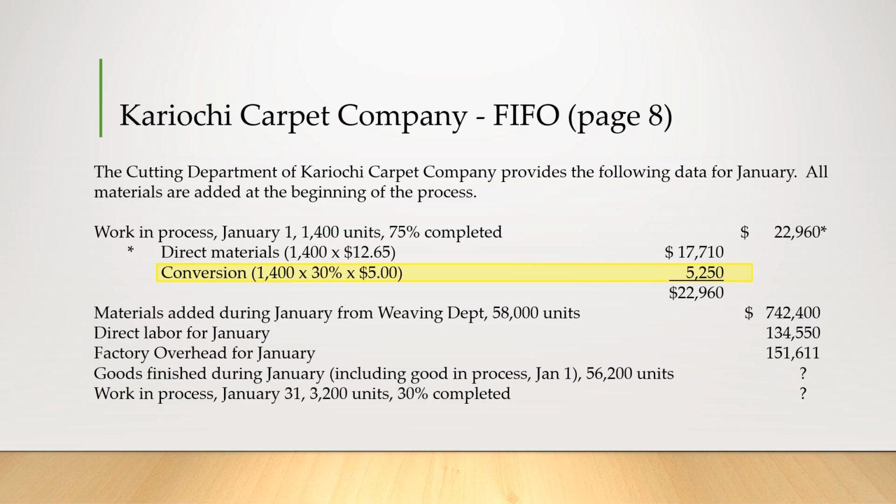During January, we added $742,400 worth of materials to production, along with $134,550 in direct labor and $151,611,000 in factory overhead. We need to figure out our goods finished during the month and our ending work in process. Like in the previous example, all materials are added at the beginning of the cutting process.